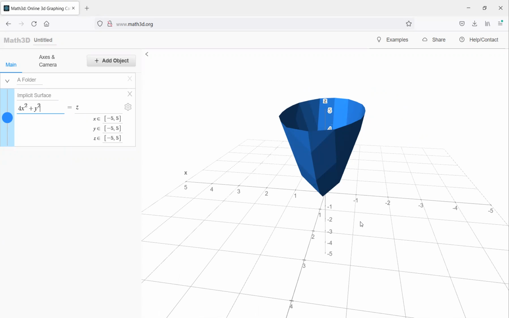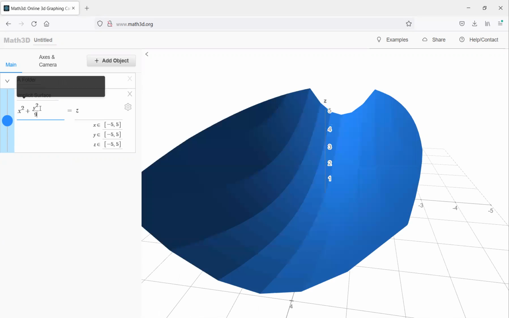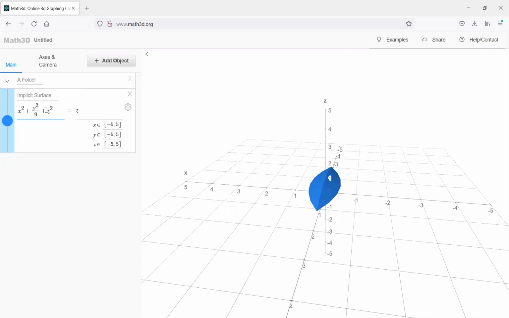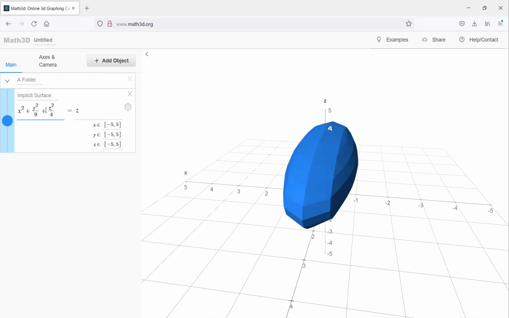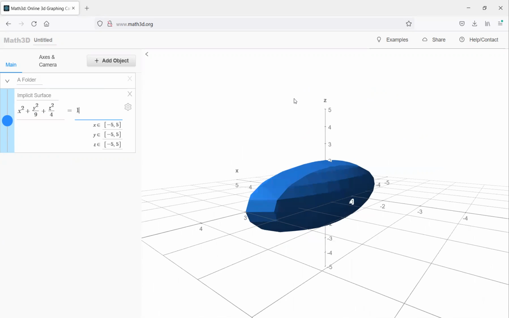Let's take a look at another object. Suppose we have x squared plus y squared divided by 9 plus z squared divided by 4, and it's equal to 1. What is this object?